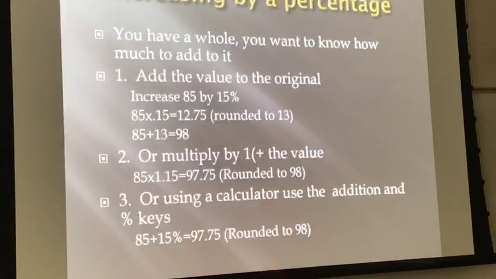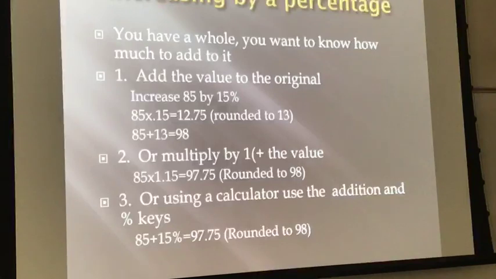Like this one, let's see, would be 85 plus 15%, oops, 85 plus 15%, it brings it right up. But some of your calculators don't take that step, okay? This one came up to 97.75. Some of your calculators, you have to hit the equal sign afterwards, okay? So some of your calculators will, if you hit 85 plus 15%, give you that, but it won't give you the total until you hit the equal sign, okay?